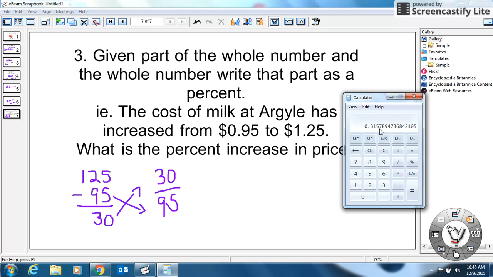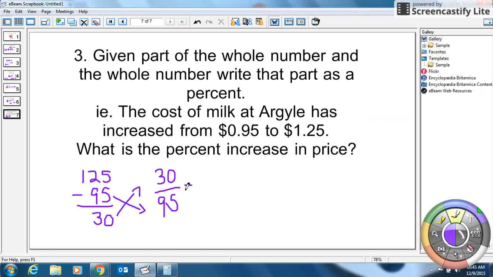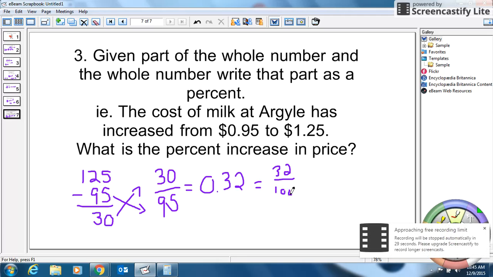Just get it to the first 2 decimals. In this case, it is equal to 0.32, which is the same as 32 out of 100, which is the same as 32%.